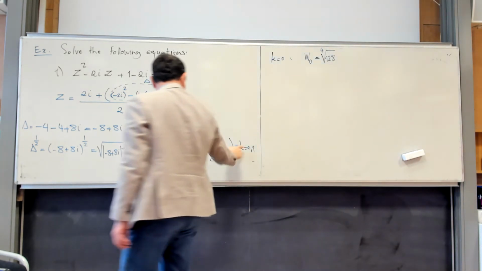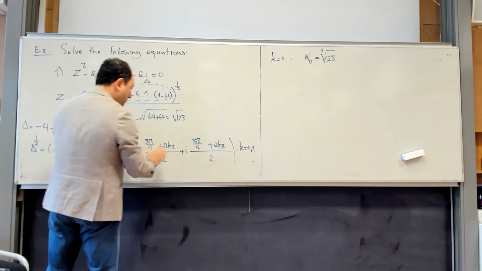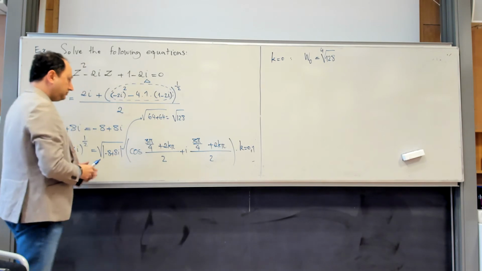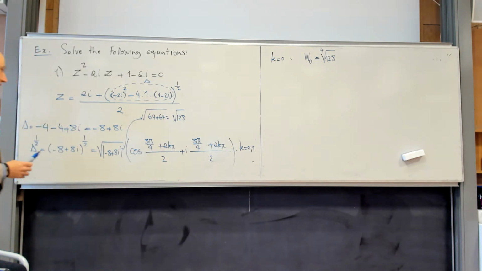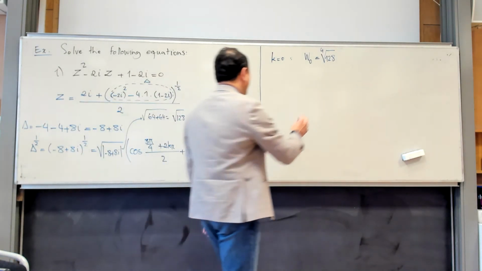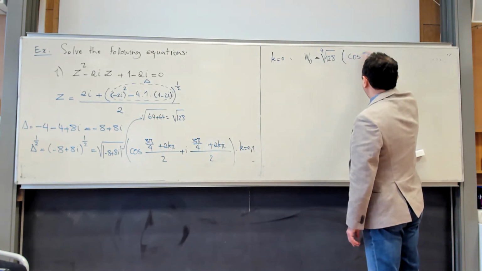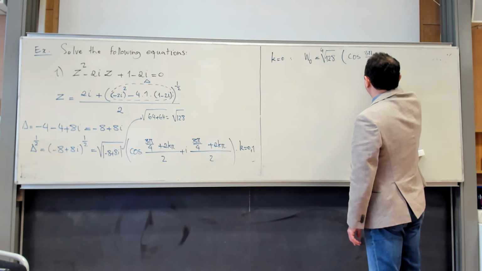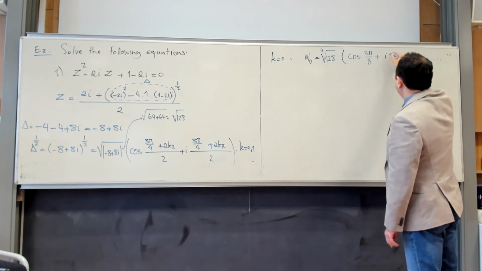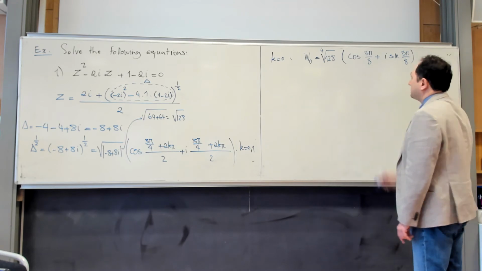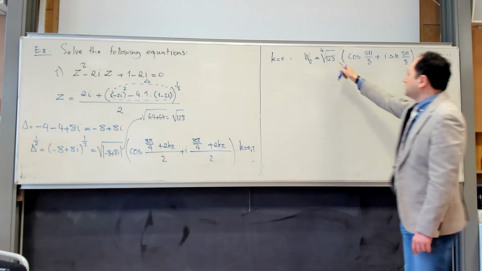And then, because I have chosen k equal to 0, ignore this and ignore that, you get these two. Which are what? It's horrible to calculate, probably. So it becomes cosine of 3 pi over 8 plus i sine 3 pi over 8. Yes? And can I simplify this a little bit?